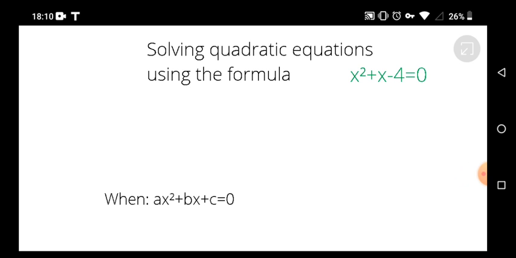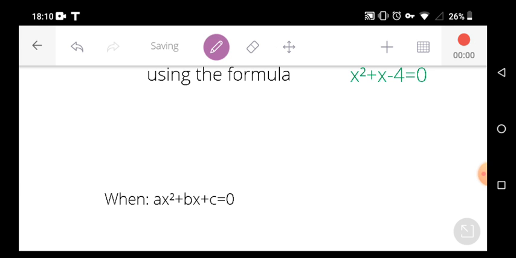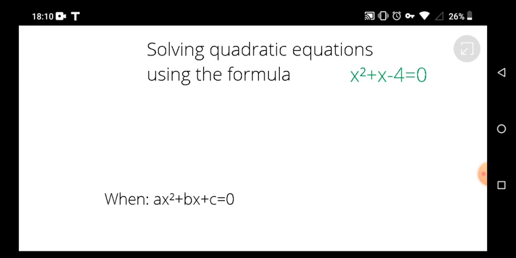But most quadratic equations have answers where x is a horrible irrational decimal that you wouldn't be able to spot and you wouldn't be able to put into factors. And so in that case, there is a formula that I'm going to show you that can basically show us x.